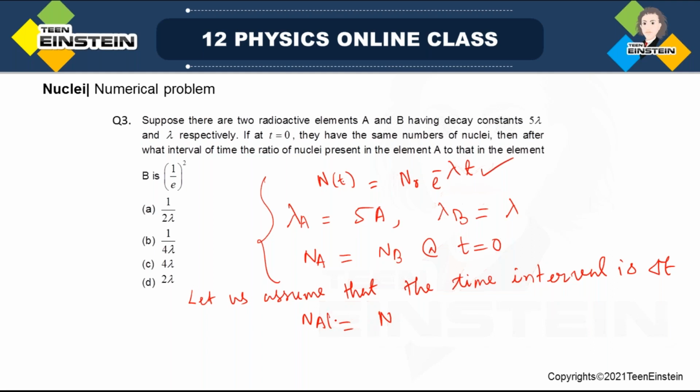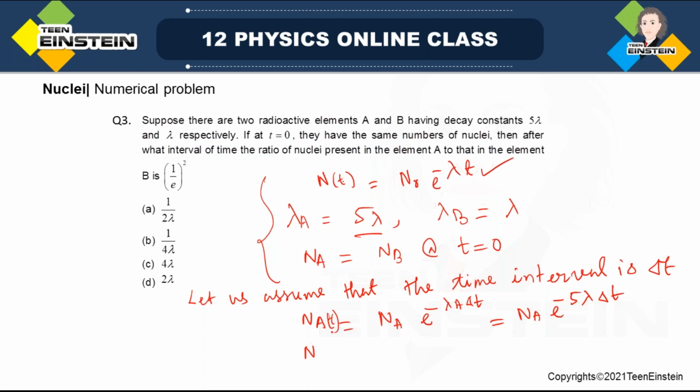So initially it was Na e to the power minus lambda A into dt. So I'll write Na e to the power minus lambda A is 5 lambda, sorry, this is 5 lambda into delta t.